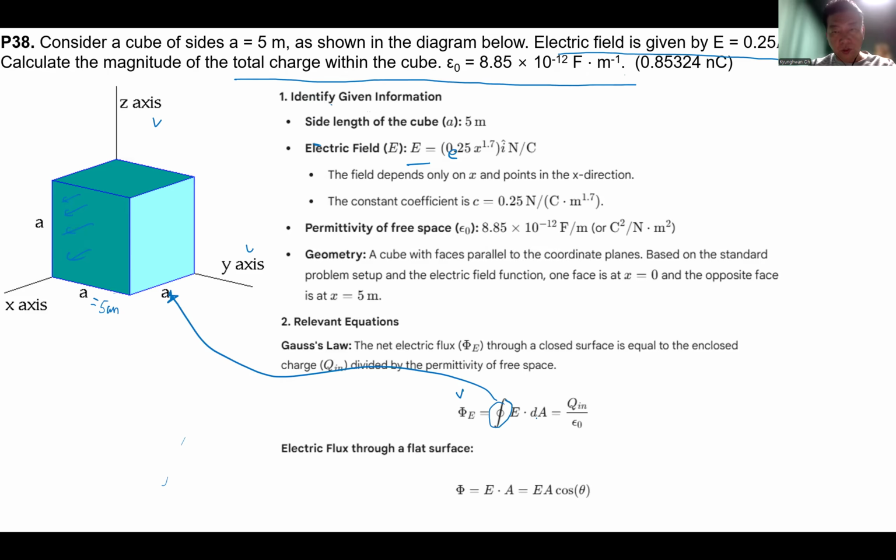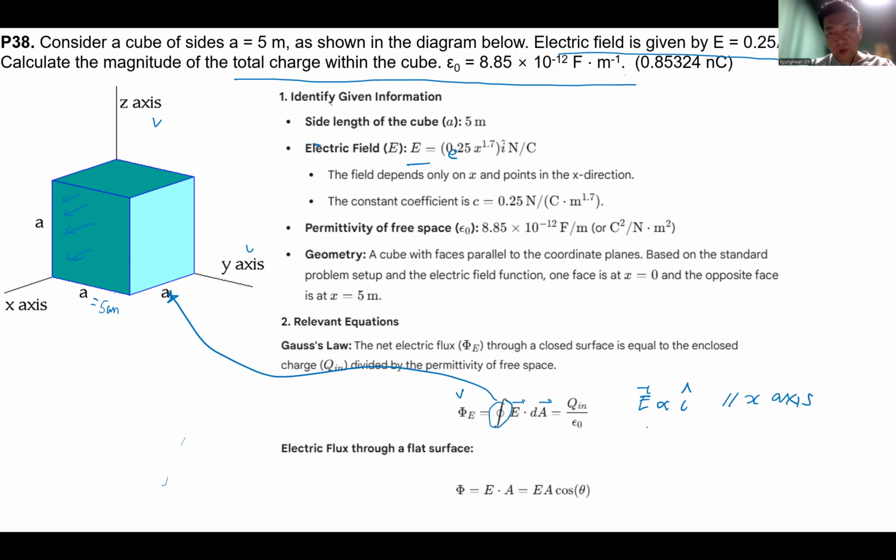So note that E is a vector, and actually A is also a vector. And then E dot A is EA cosine theta, and theta is in reference to the x direction. So note that E is parallel to i, so that means it's parallel to the x-axis.